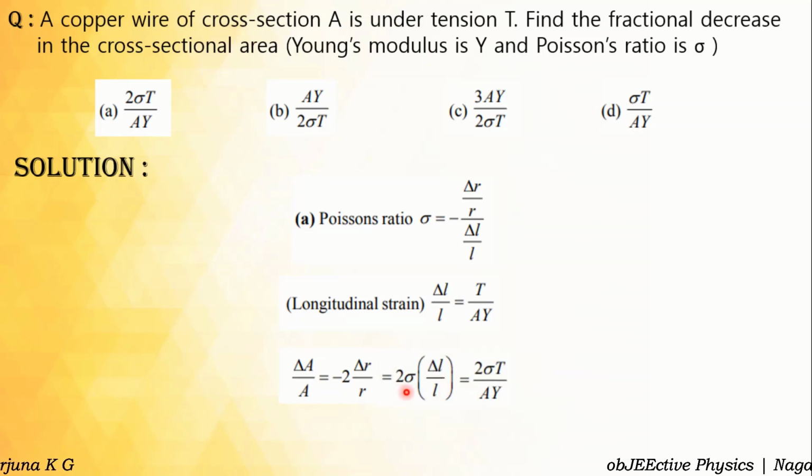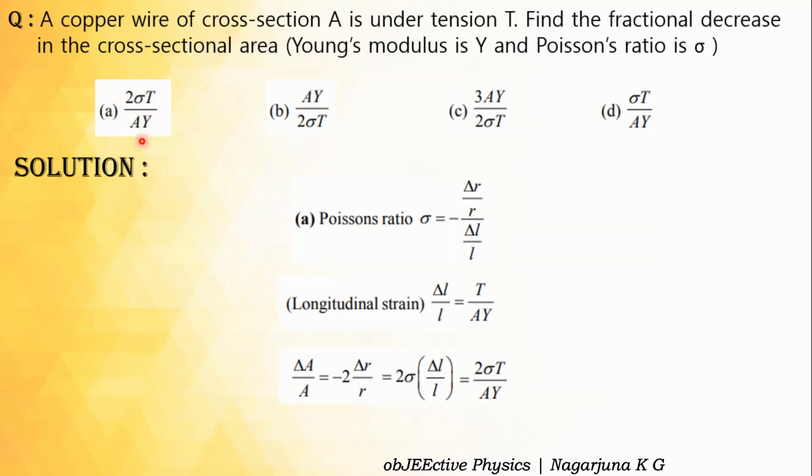That is equal to 2 sigma into delta L by L, since delta R by R is equal to sigma into delta L by L. By substituting all the values, we will get delta A by A is equal to 2 sigma T divided by AY. That is, option A is the right option.